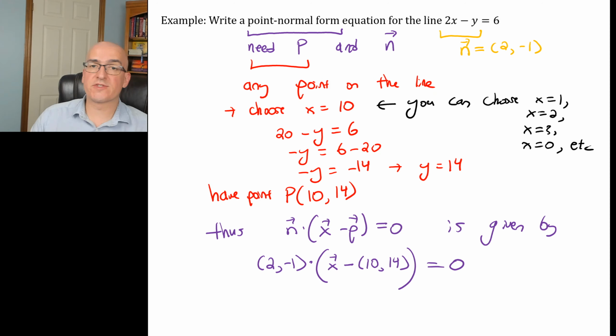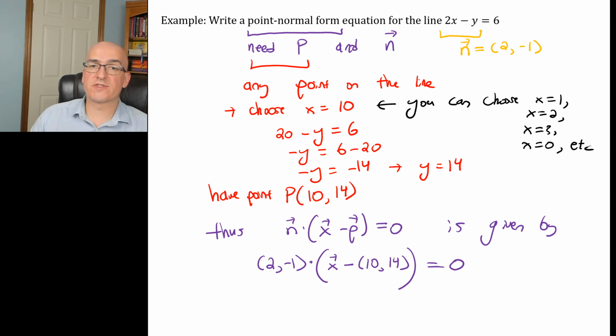Okay, next one: write a standard form equation of the line given in point parallel form. For a standard form equation, we need a normal vector n and a point p.